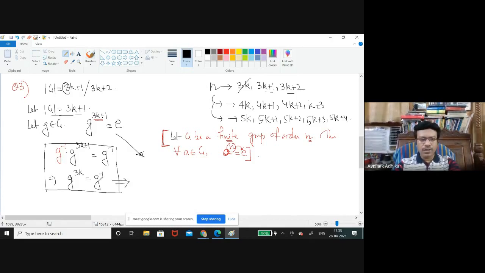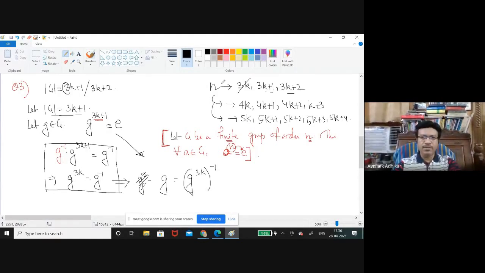So one thing you can do from here also: you just multiply both sides with say G square. What I am saying is that instead of this, you just make it G. So G will be G to the power 3k whole inverse, right?